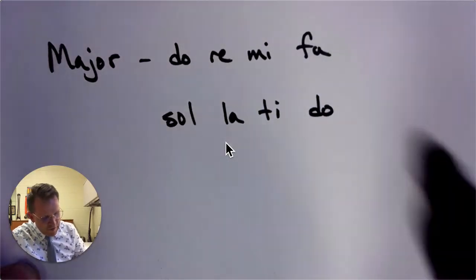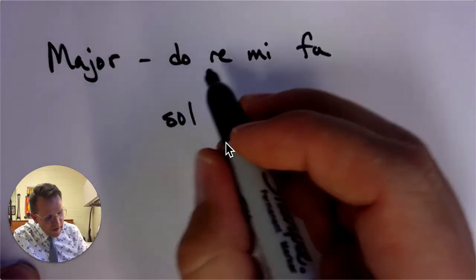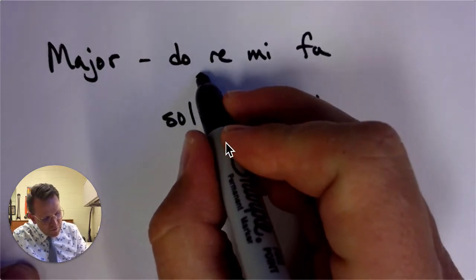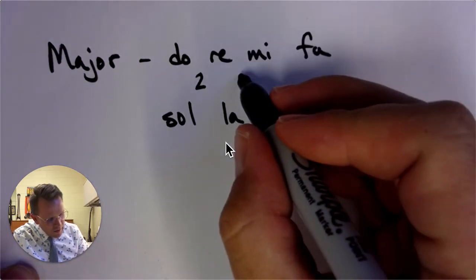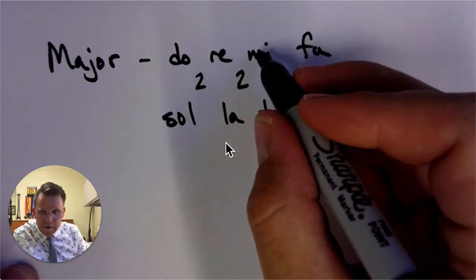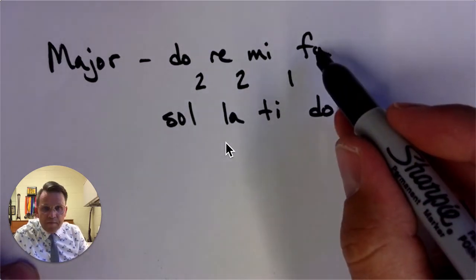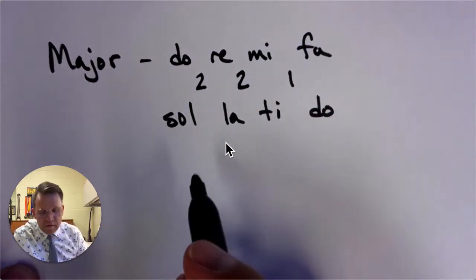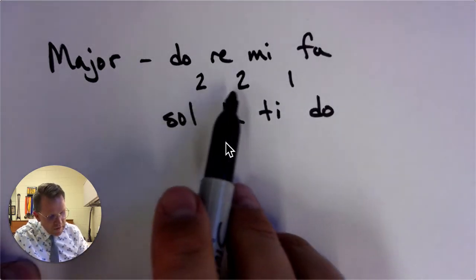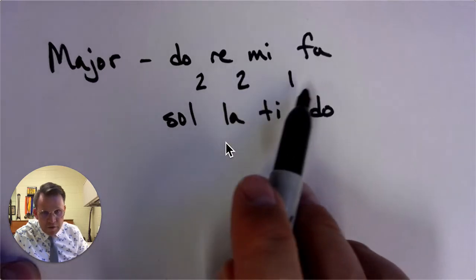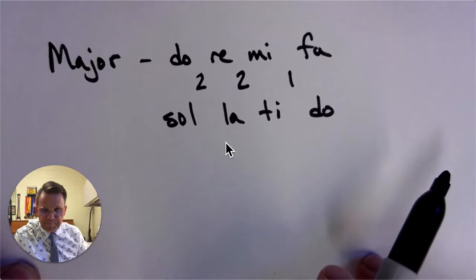But with both of these, as you look at the distance or the spacing between pitches, we have a relationship of two semitones between do and re, or sol and la, and two semitones from re to mi, and then a single semitone at fa. Now with both of these, they do have a pull to the top. And you can see that with this single semitone up top, there is a directional pull up with these.